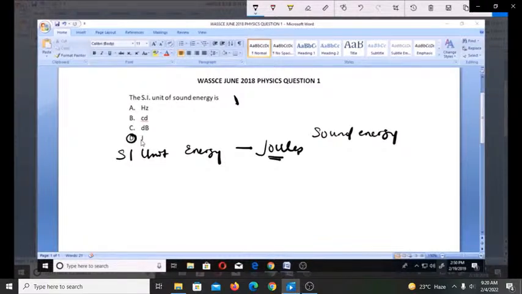Now, for more clarity, we are going to look at the SI unit for the other quantities. So let's look at Hertz first. Hz is the unit for frequency.